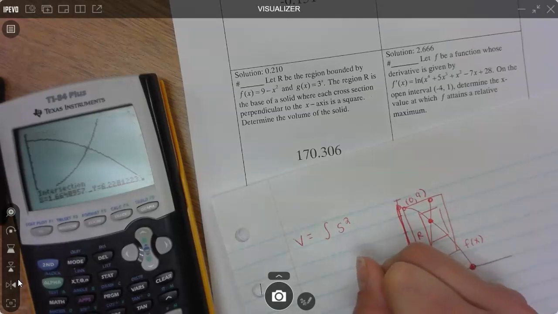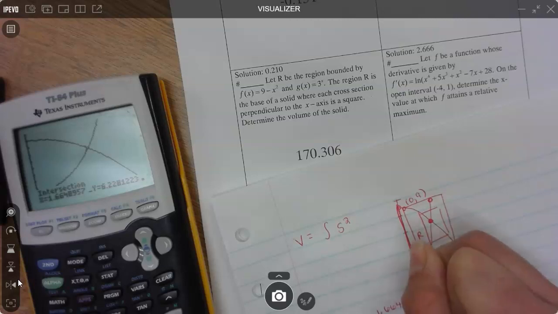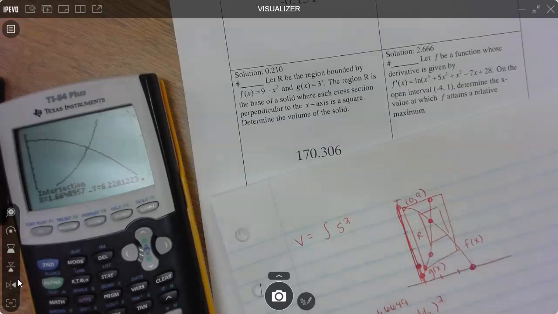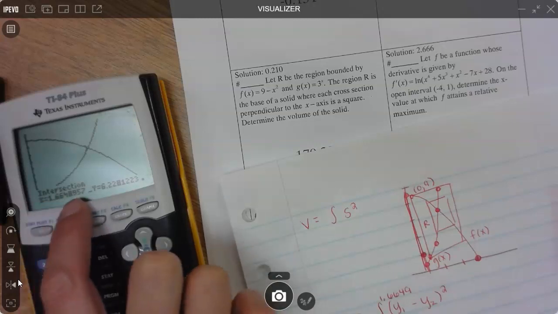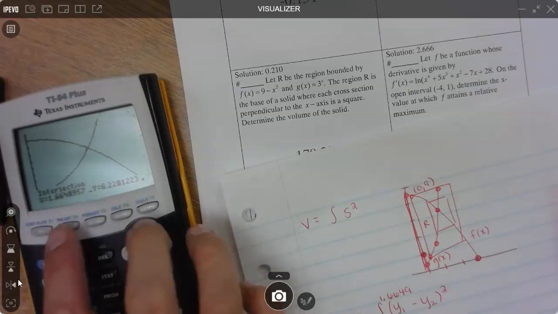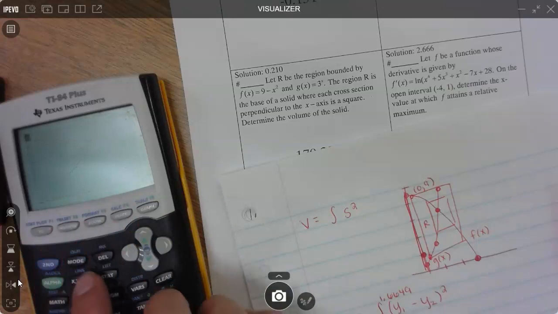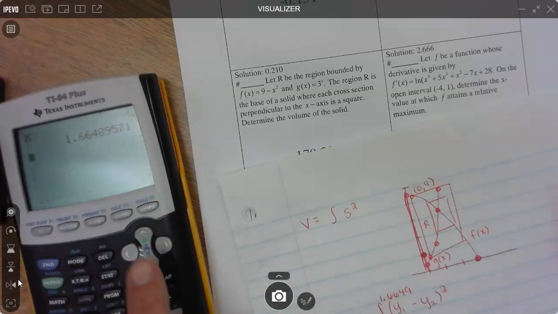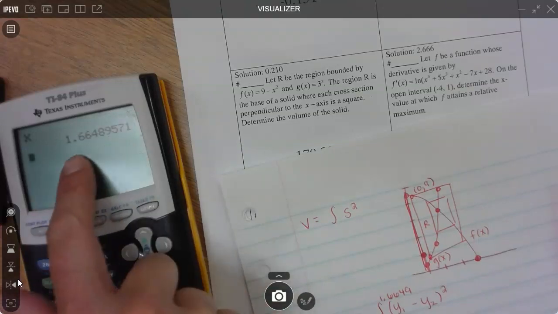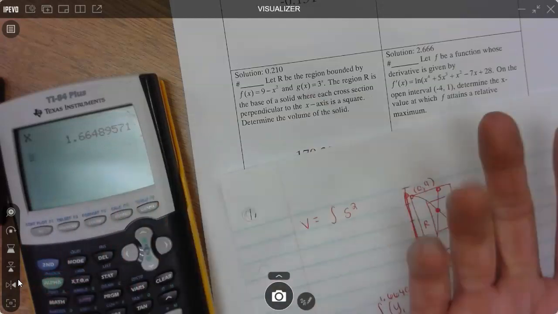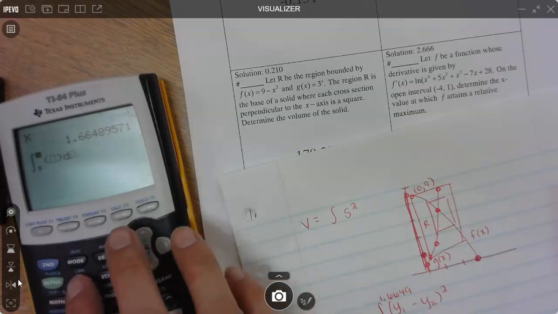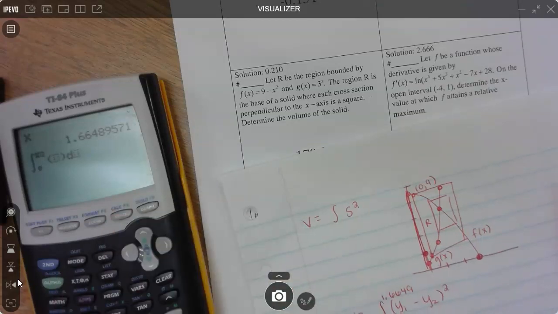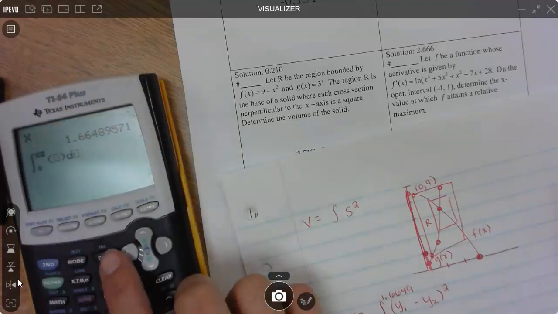So 1.6649. Now what's nice is this x is going to be stored in my x. So if I hit the x key here, that x value is stored there. So when I set up my integral, I can do 0 to x, because that x value is stored there.